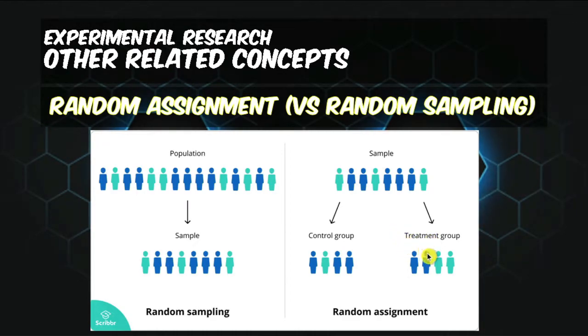Random assignment means randomly assigning whoever is included in your sample to your comparison groups. In the simplest case, with one control group and one experimental group, you distribute all the people in your sample to each group. If there are two experimental groups, there are three comparison groups, and you distribute your sample randomly to the three.